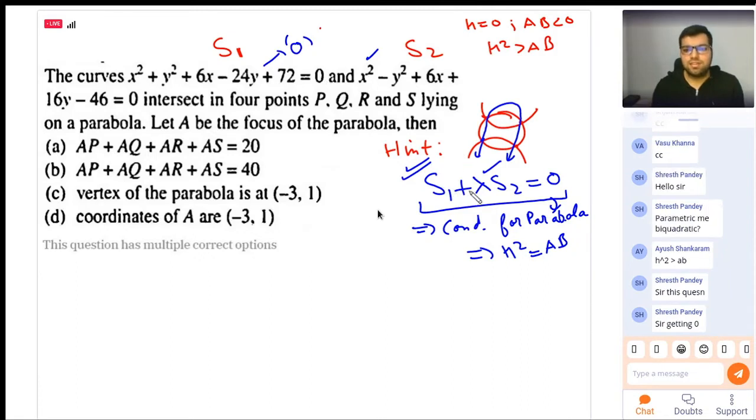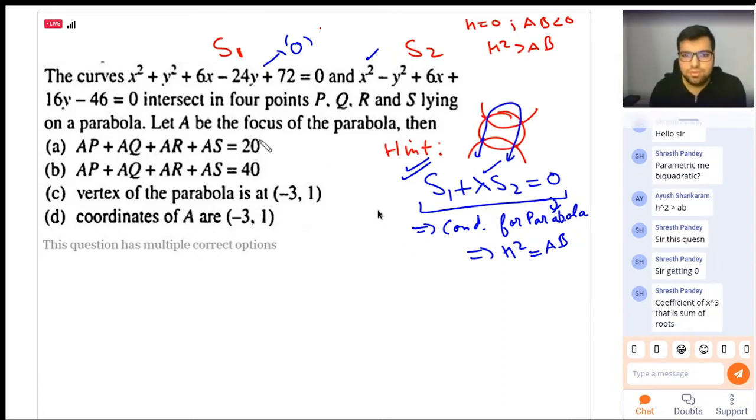So again, I will repeat this. In JEE Advanced, sir, getting zero. How are you getting zero? This is theta I am saying. So you were saying that if we do it parametrically, the coefficient of x cube is the sum of roots.